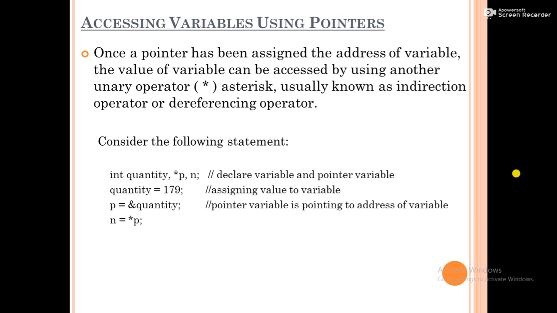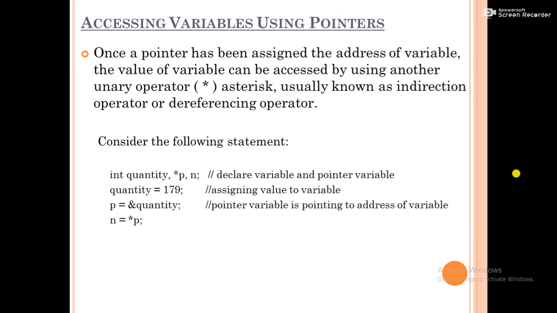Till now we have declared and initialized the pointer variables. Now, using pointer variables, how can we access the values of those variables? Let's consider quantity = 179 and p = &quantity. We initialized the quantity address to the pointer variable.